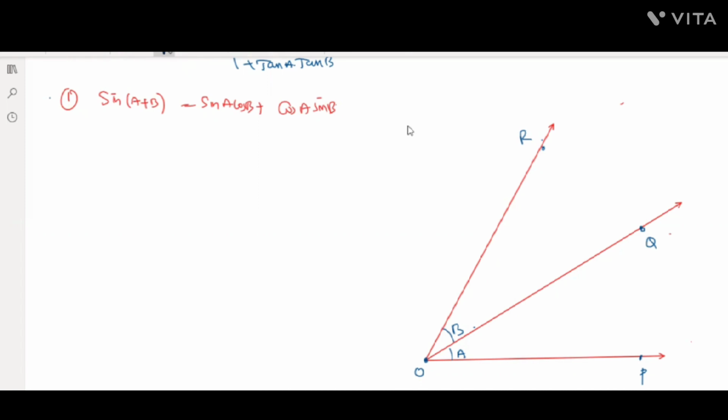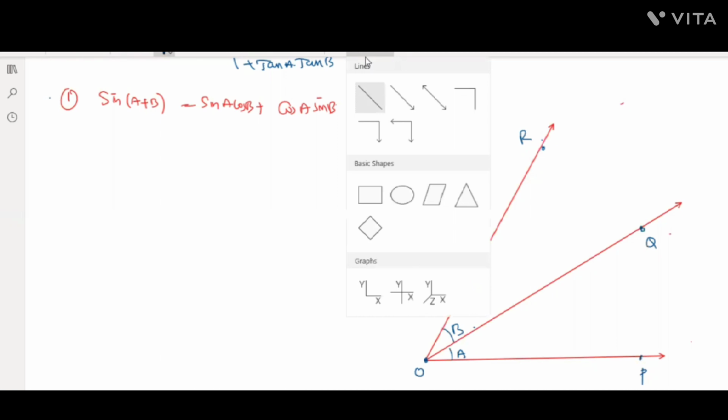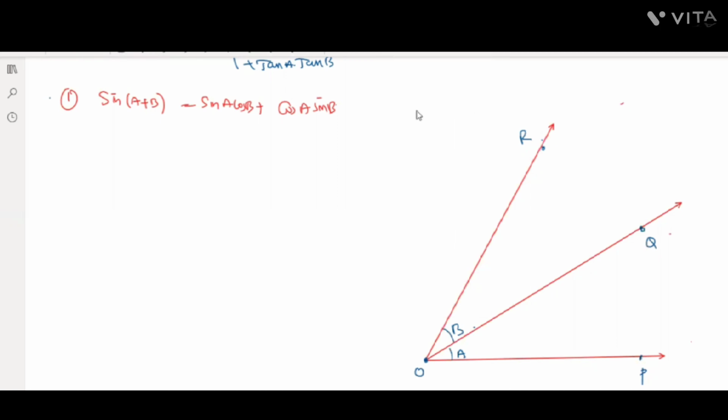So to prove this one, let's construct some triangles. First of all, from here, I'll take one perpendicular to OP. So this is the perpendicular.